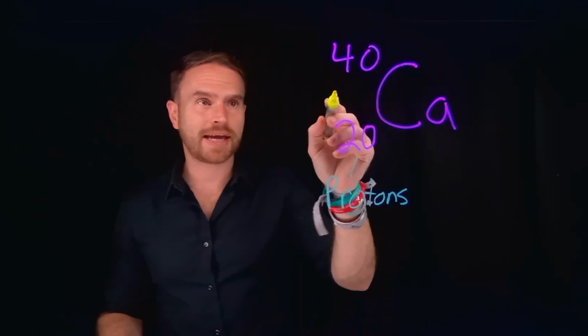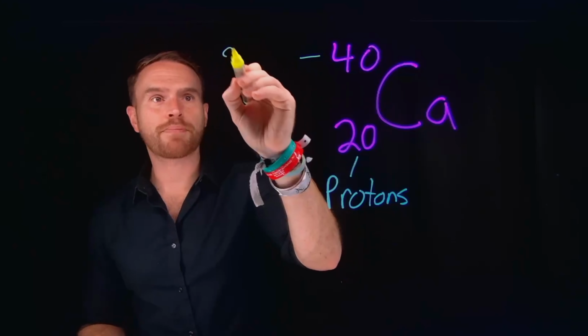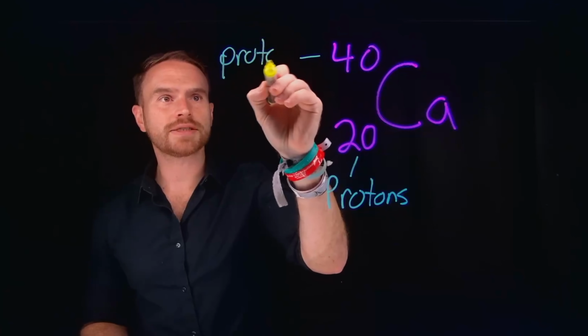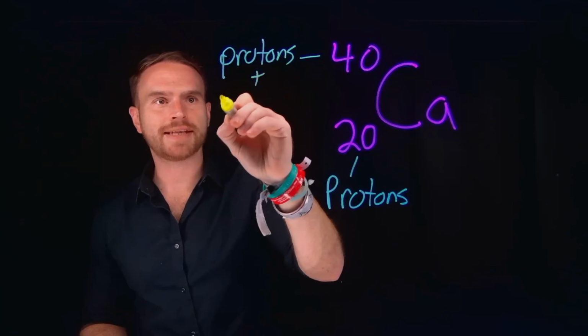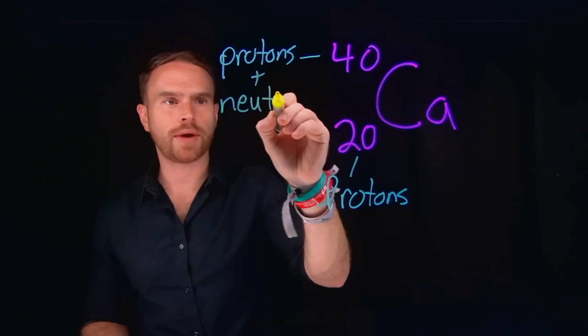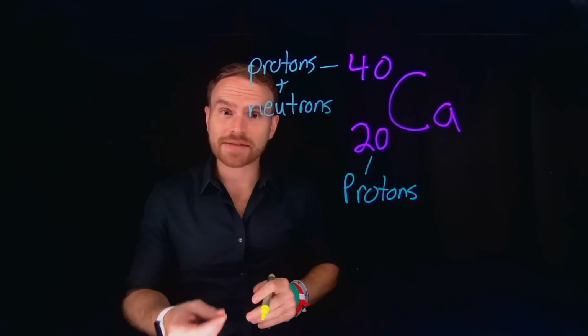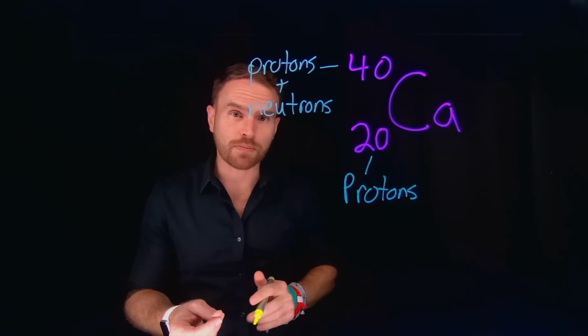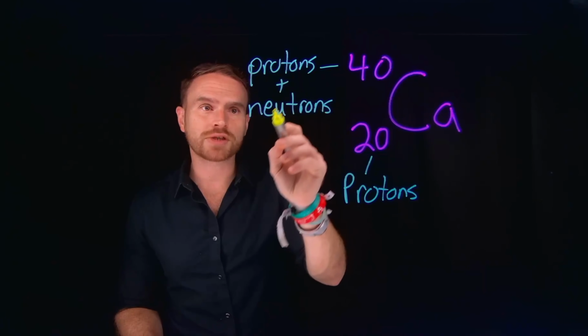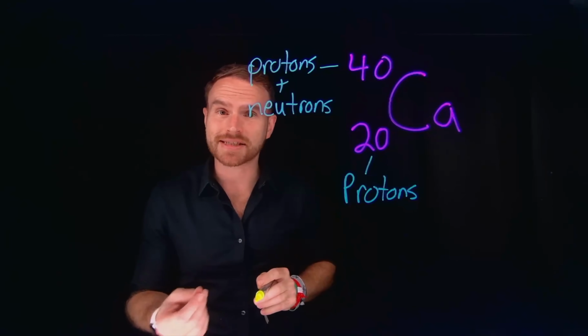The top left-hand number is always going to be the protons plus the number of neutrons, and together they make up what's known as the atomic mass of an element. And this is because the mass of an electron is effectively negligible, and we only consider the number of protons and neutrons when calculating the atomic mass of an element.